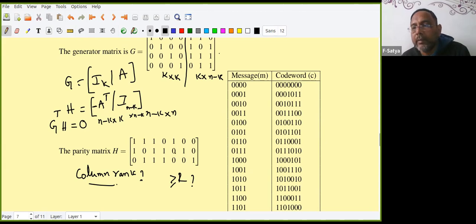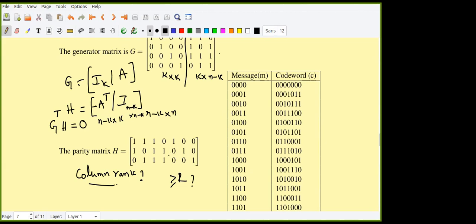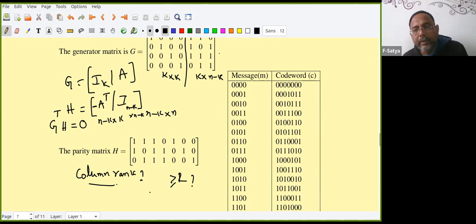I told this minimum 3 times in this course till now. Tell me the answer directly. If I take any two columns here, they are linearly independent. Why?